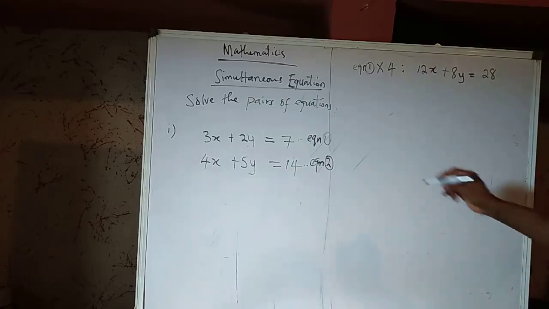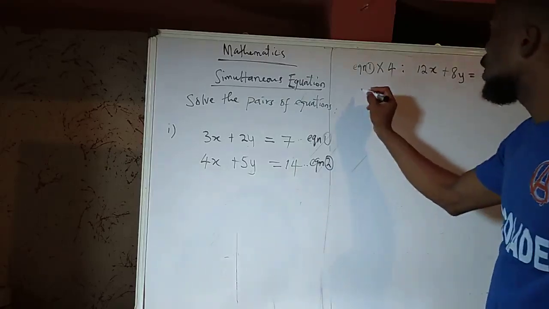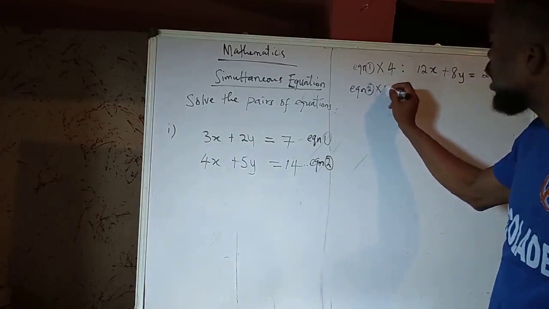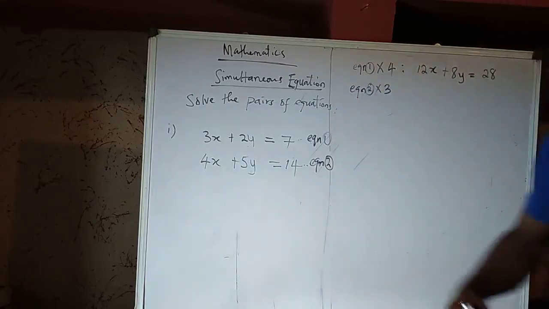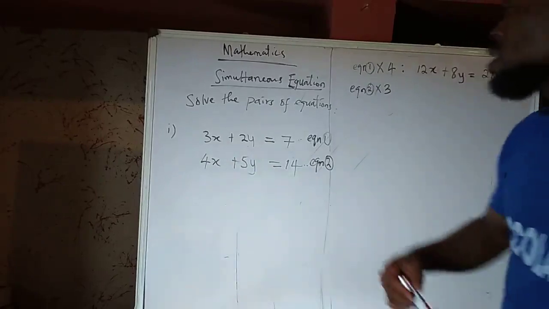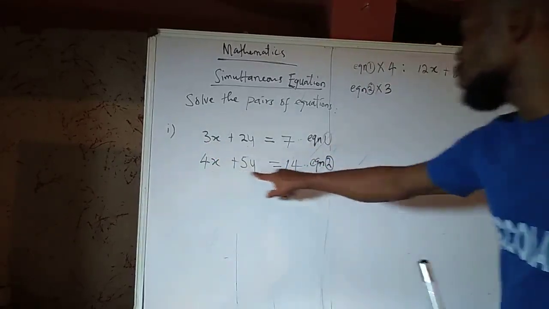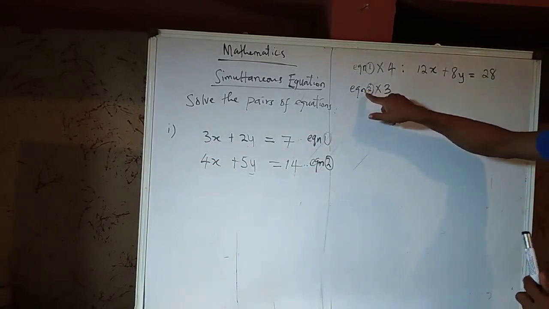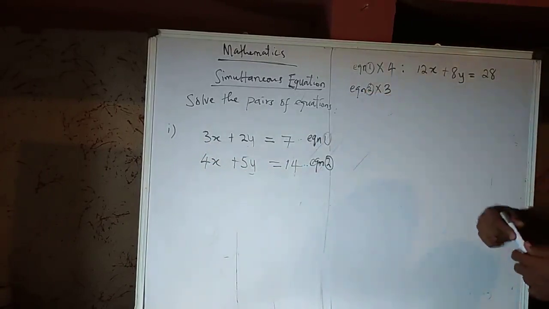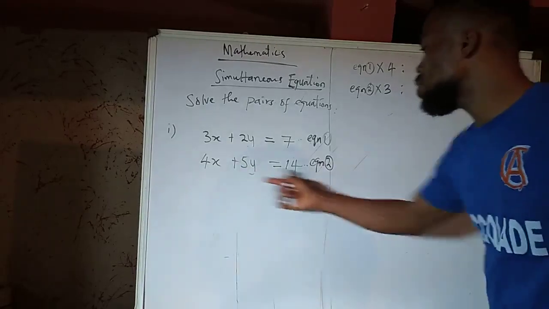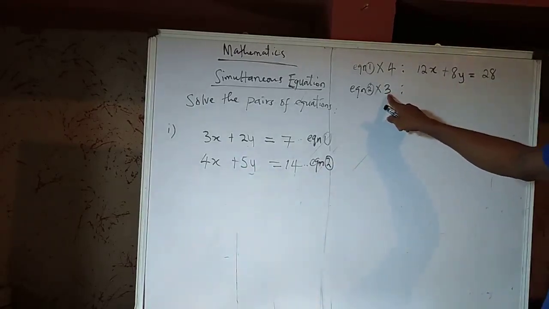Now I'm also going to say equation 2 times 3. I'm using the coefficient of x in equation 1, which is 3, to multiply equation 2. That's why I'm saying equation 2 times 3. So I'm going to multiply everything by 3.